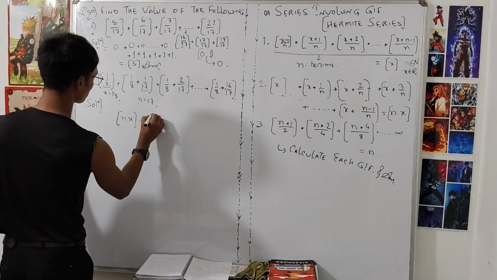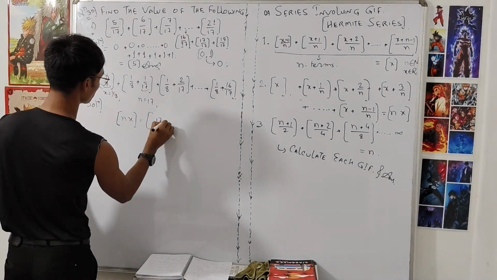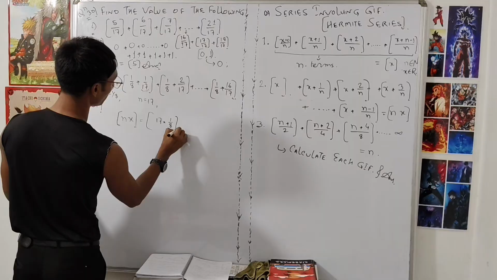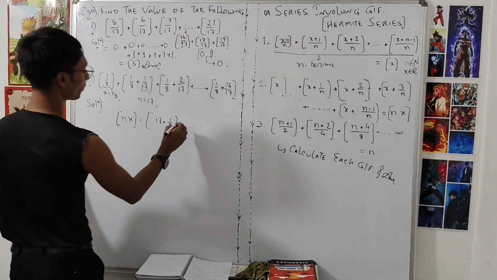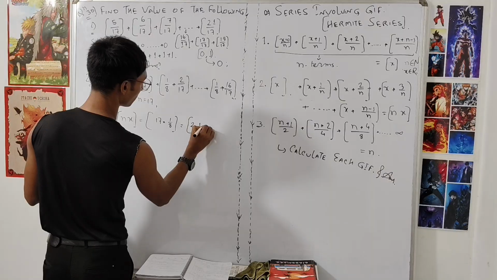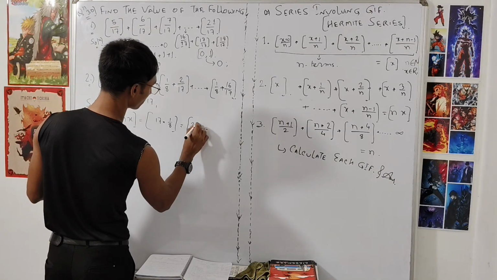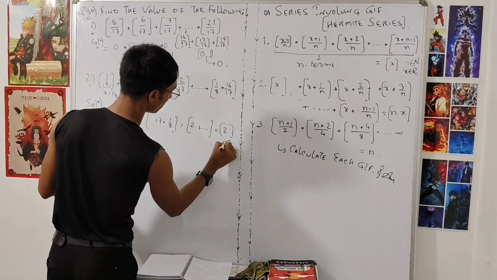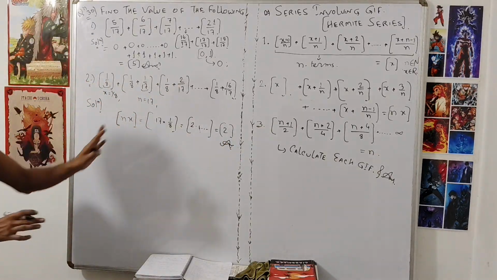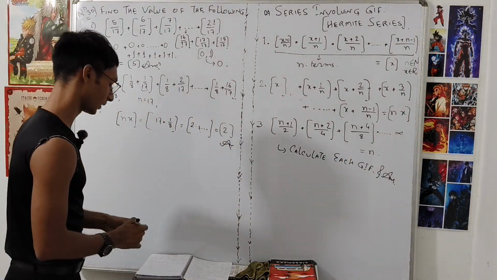So just put n is 17, 17 into 1 by 8, which is greater than 2, right? So 2 point something, and 2 point something in the box is 2. So the answer in the second case is simply 2, okay?